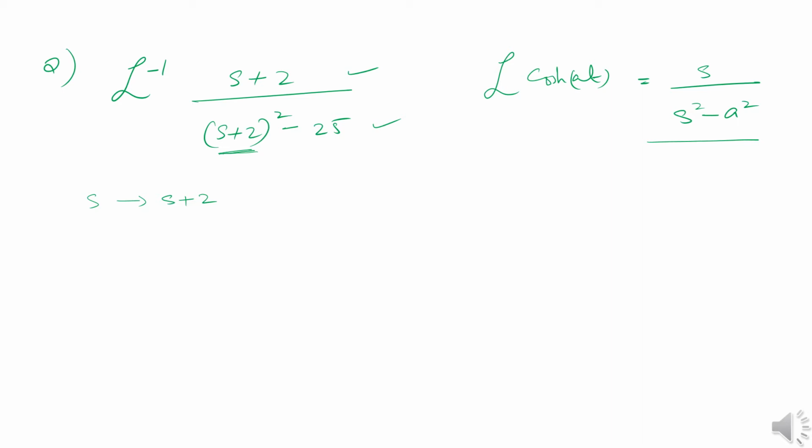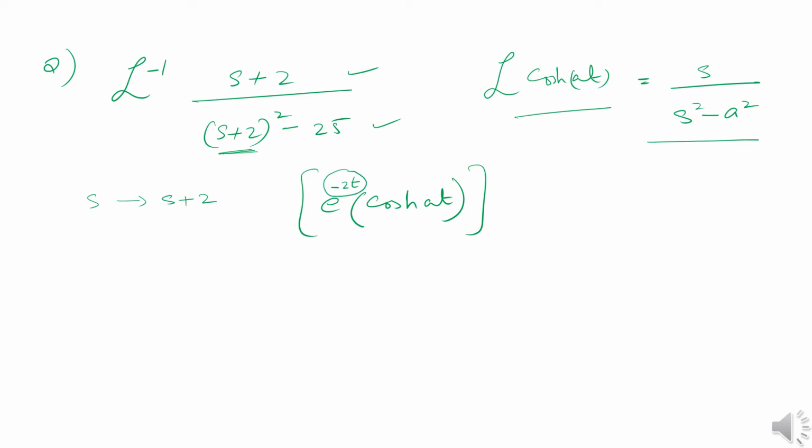It means that the function cos hyperbolic at is multiplied by e raised to the power negative 2t.